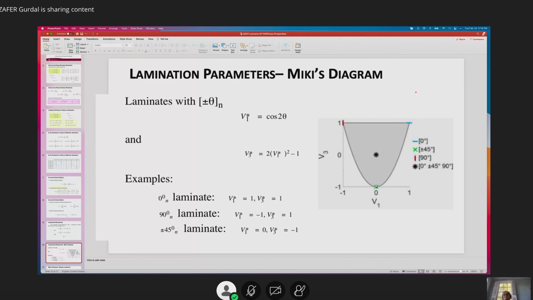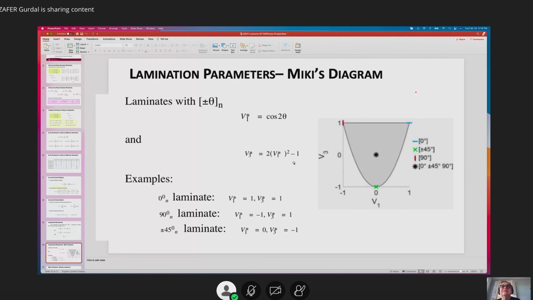And then this is plus minus 45 degree. Then if you keep increasing the plus minus theta towards 90, you reach this point, where theta is equal to 90 degrees. When theta is equal to 90 degrees, V1 star is equal to minus 1, and V3 star is equal to 1.